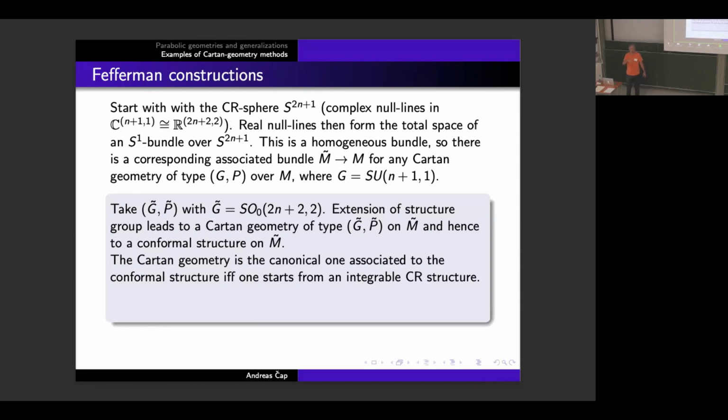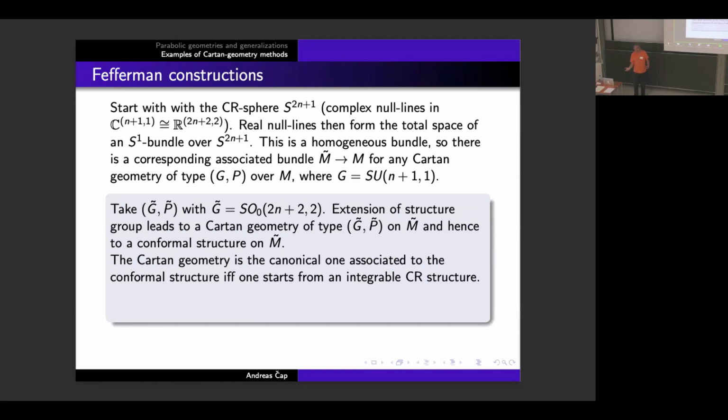Question: is this the canonical Cartan geometry associated to this conformal structure? The answer is no in general. It's not true if you start with an almost CR structure. It is exactly true if the underlying CR structure is integrable.